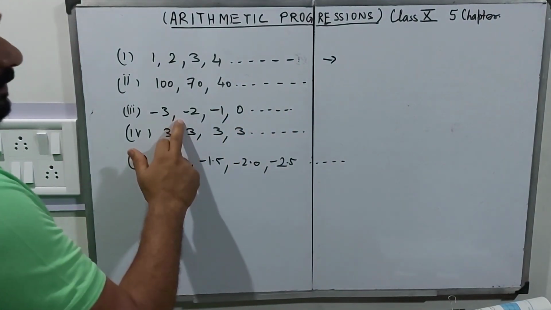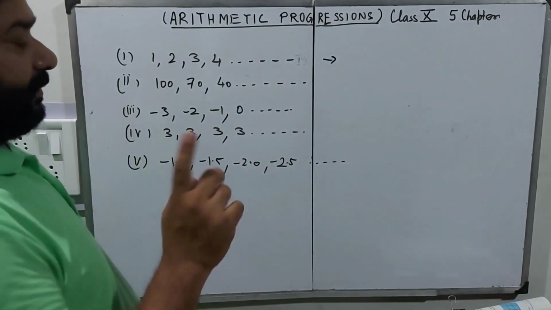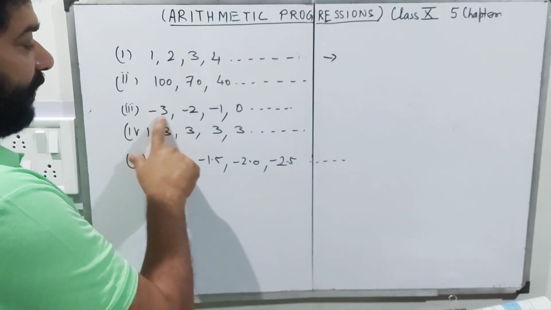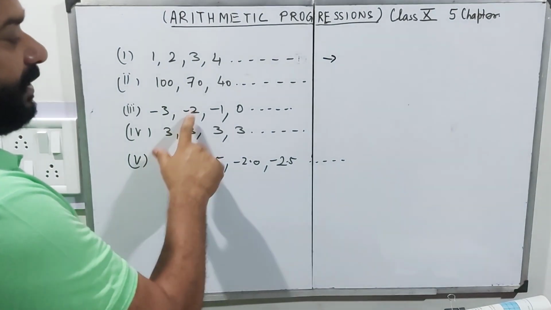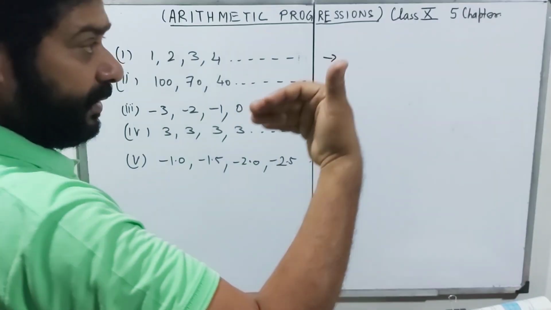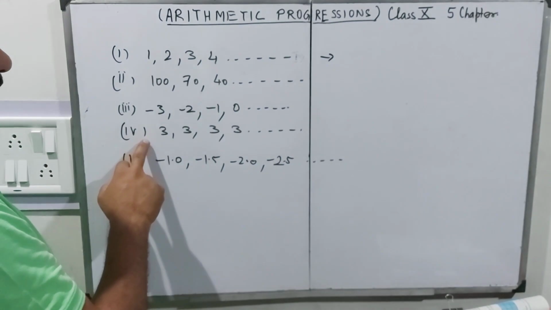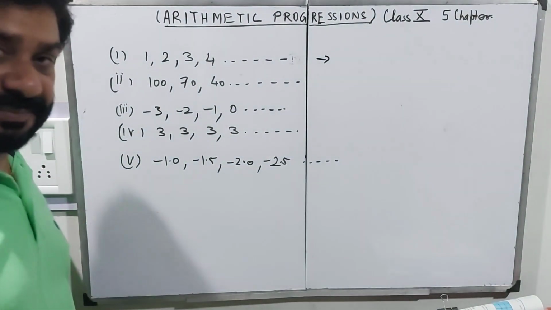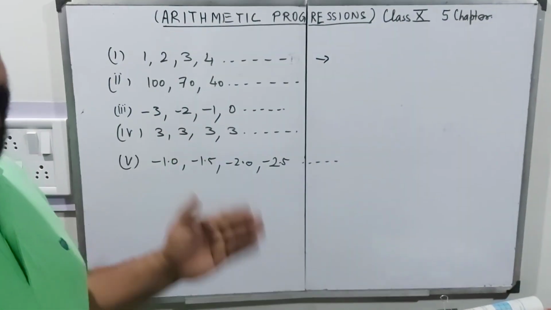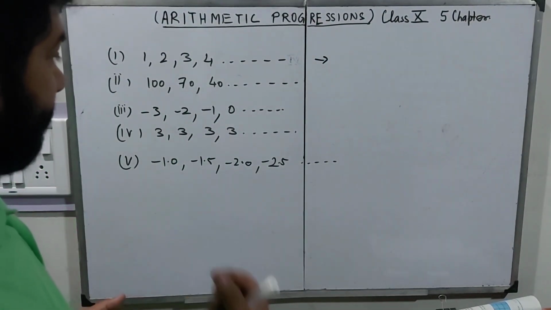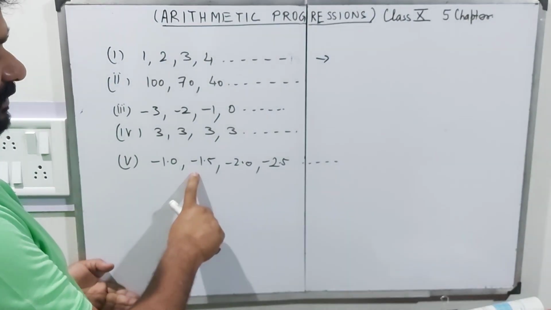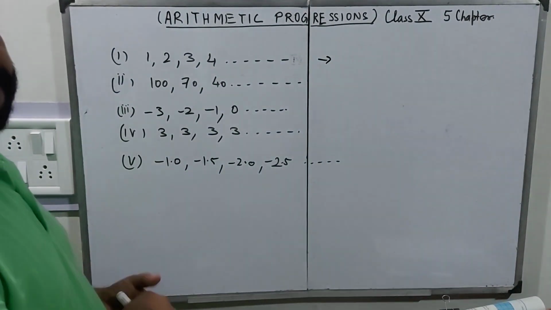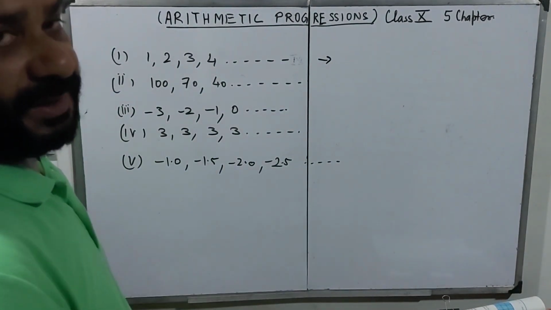In the third, each term is one more than the previous term. If you add 1 to -3, you will get the next term. In the fourth case, each term is 3, therefore the next term is obtained by adding 0 to the preceding term. And in the fifth case, -0.5 is added to the preceding term to get the next term.